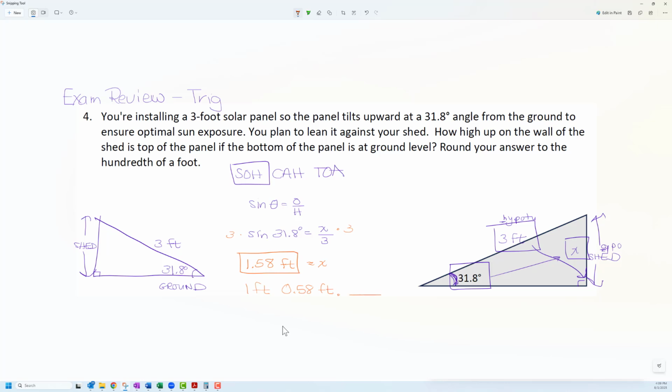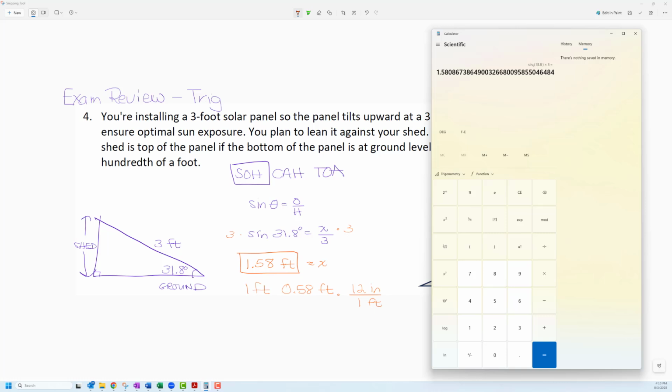We learned how to do this in Module 1 using a conversion factor. We know that 1 foot is actually 12 inches. So back to our calculator, if you still have that answer exactly in your calculator, what you can do is just subtract off the 1 foot.